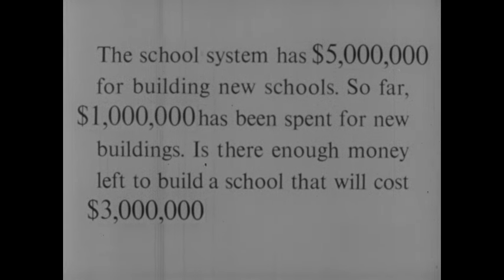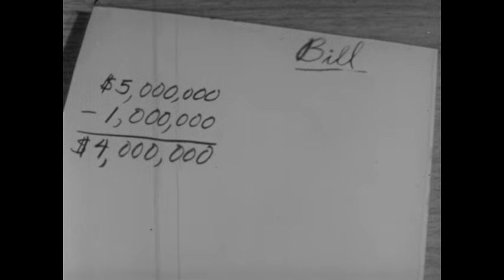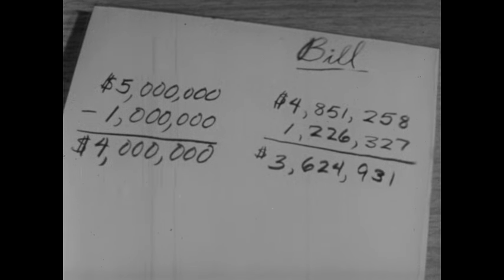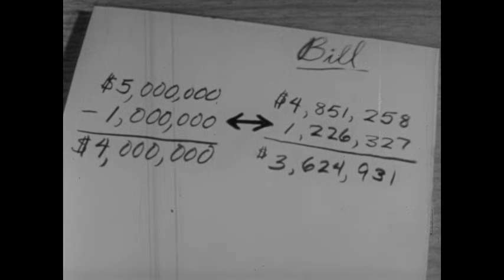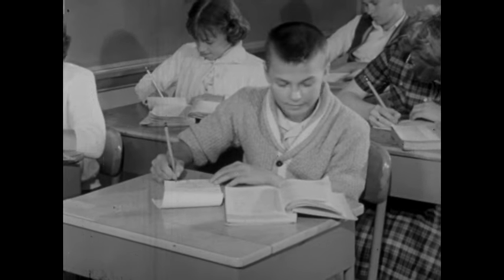To estimate the answer, subtract 1 million from 5 million and see if the remainder is more than 3 million. Both the estimated answer and Bill's exact answer show that enough money will be left to build the school which costs less than $3 million. In subtraction, the remainder, or difference, plus the subtrahend should equal the minuend if the problem has been worked correctly. Bill's work checks.